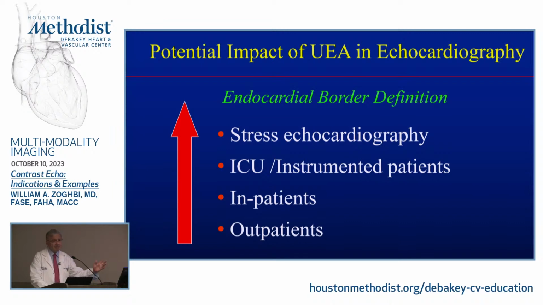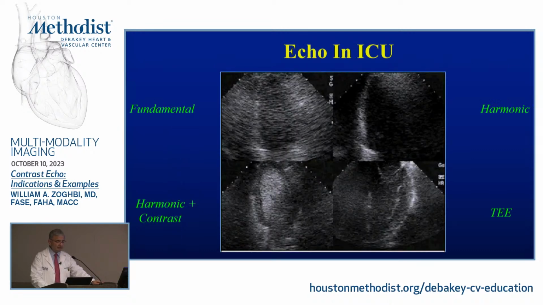Just FYI, for your knowledge, dobutamine is not approved for stress testing either, right? Like Persantine either. So we use a lot of off-label where we feel it is important and it makes a difference.